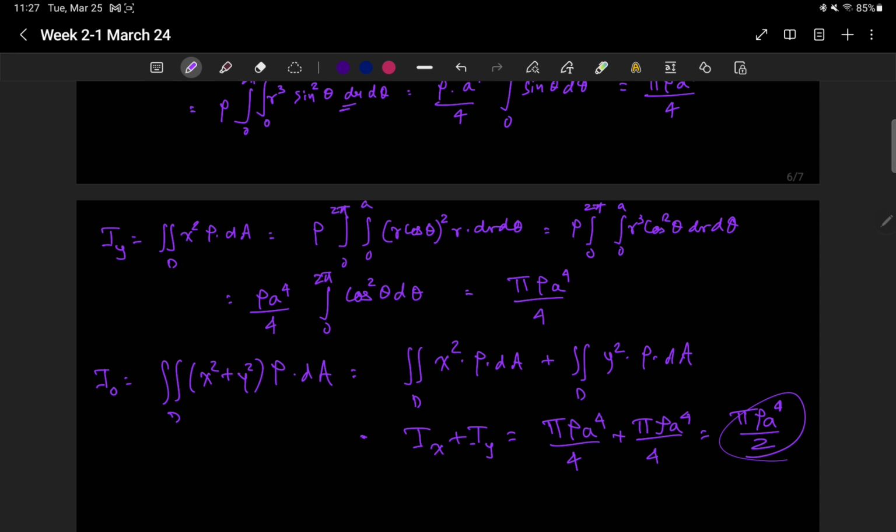So the polar moment of inertia is the sum of these, and that becomes your result for your moment of inertia.